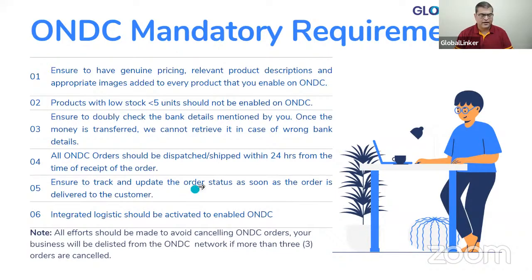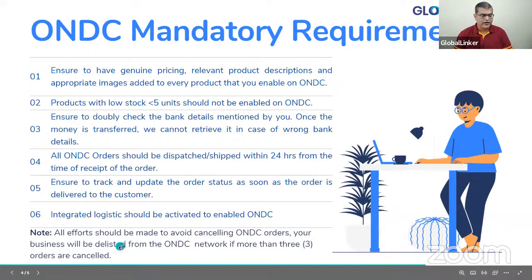Ensure you track and update the status of the order as soon as it is delivered, especially if you're using your own logistics or delivering the orders yourself. You should update the order as soon as it is delivered. The 6th point is not yet executed in your edition. We are giving some time to our members to comply with this point, but it will be executed very soon: integrated logistics should be activated on your online store to enable ONDC.